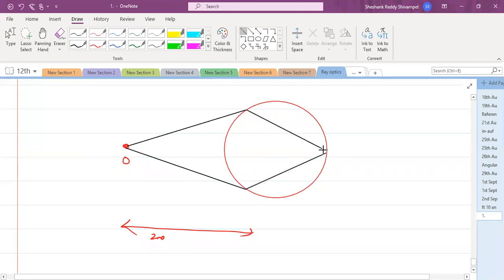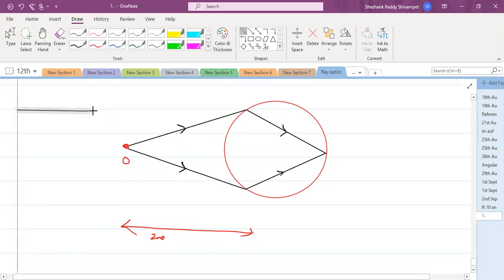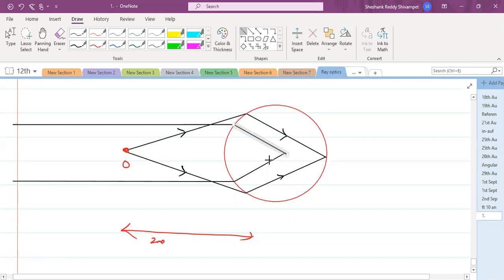The image is formed on the retina itself. But if I take the farthest case, from infinity, what's happening? The image is formed in front of the retina. It's not clearly visible. Okay?